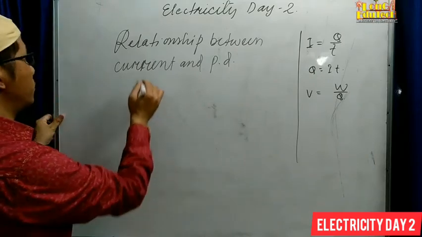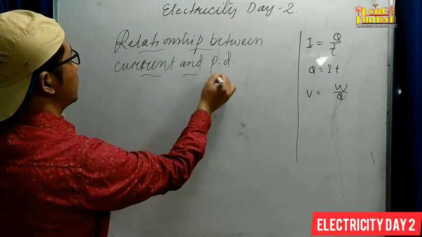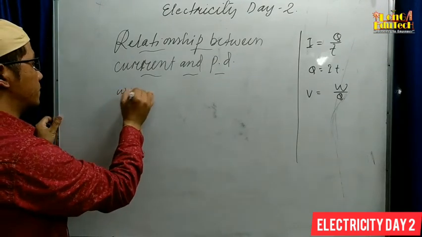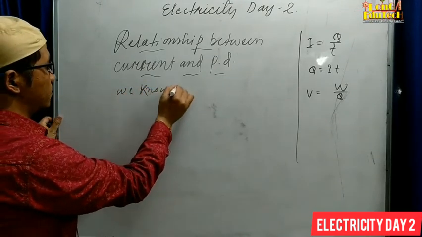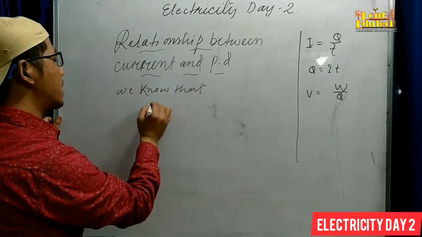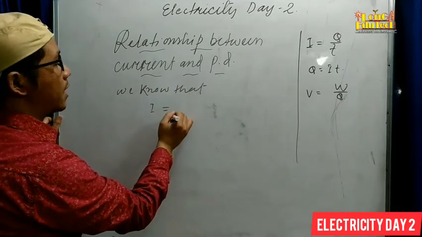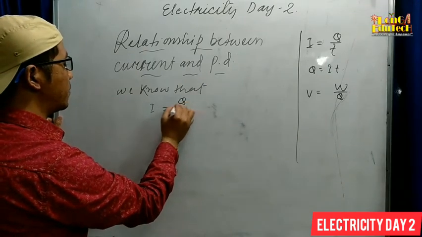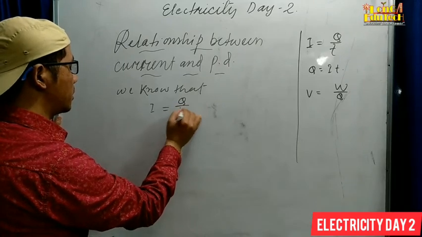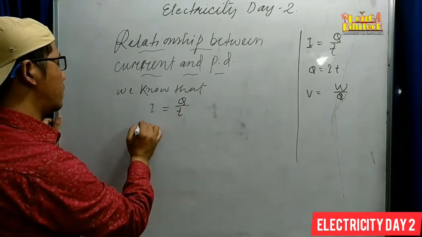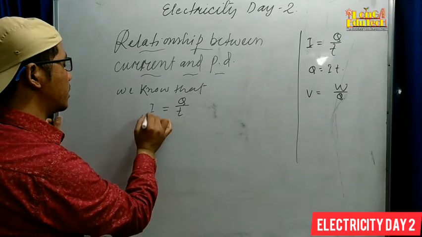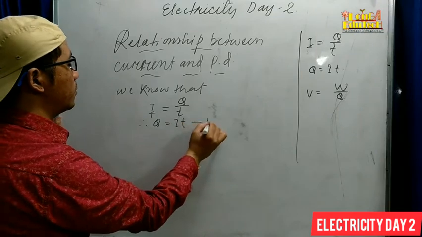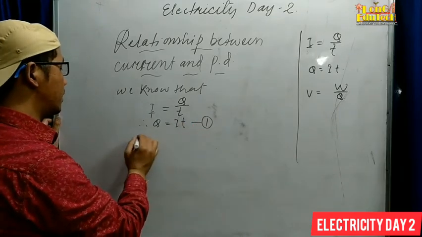Here we know that the current I is equal to Q by T, as we discussed before, that is charge by time. From here, cross multiplying, we get Q is equal to IT, that is, current into time. We take this as equation number 1.